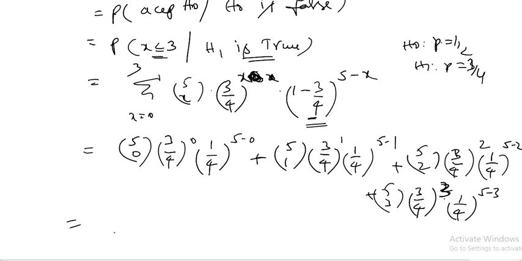Right. What is 5C0? 1. (3/4)^0 means 1. (1/4)^5 is 1/4^5. You just keep it as 4^5, or 1024. Likewise you can write it.